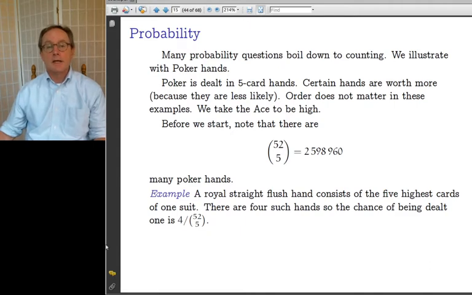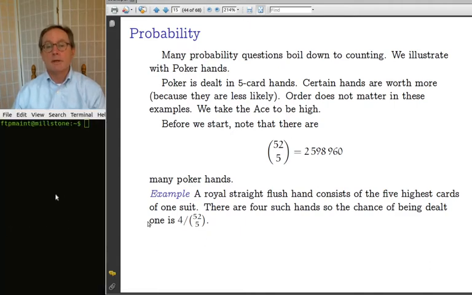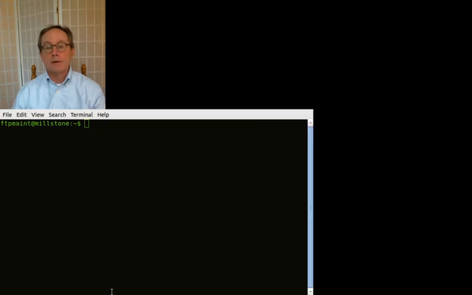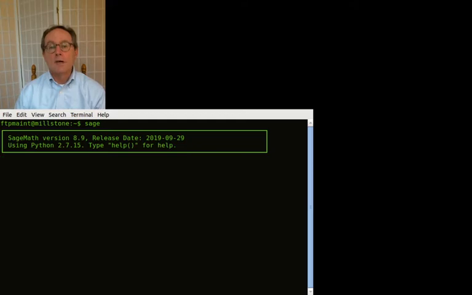Let's get some idea what that looks like. I'll pop up the command line again and ask for Sage, and I'll say 4 divided by, and the way you say 52 choose 5 is you say binomial(52, 5).